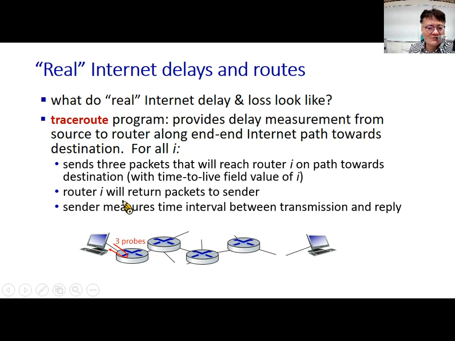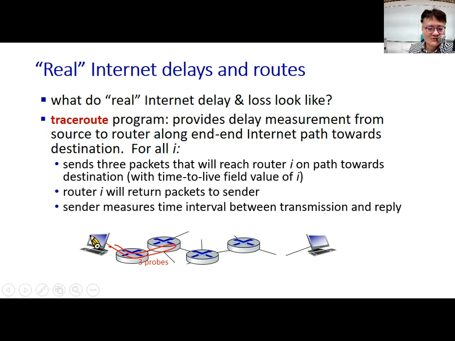Then router i will return the packet to the sender, right? And the sender measures the time interval between the transmission and the reply. The reply comes from the receiver.